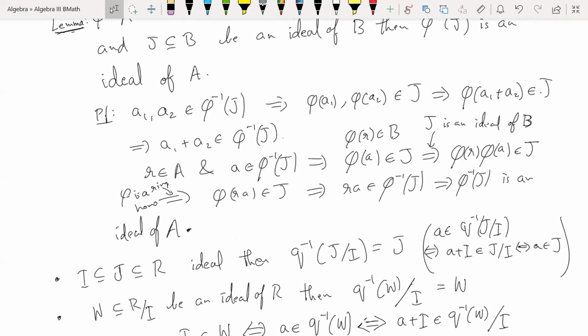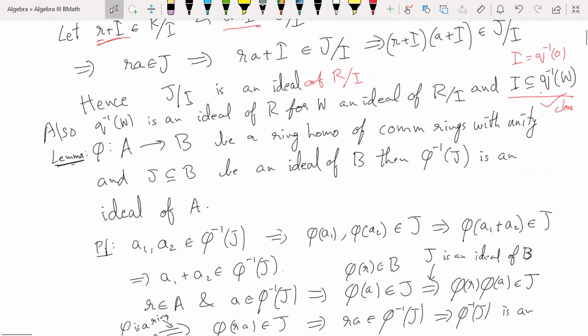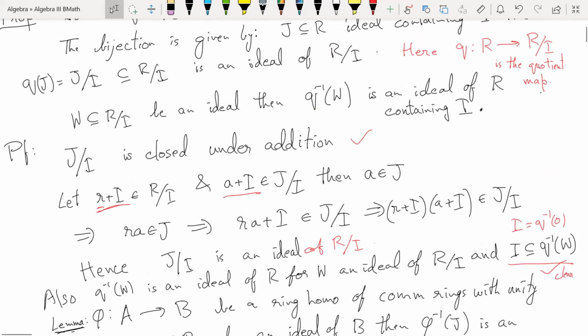Any other question before we go on? Okay, there are no questions. So what we have shown so far is that both J mod I is an ideal and Q inverse of W is an ideal.